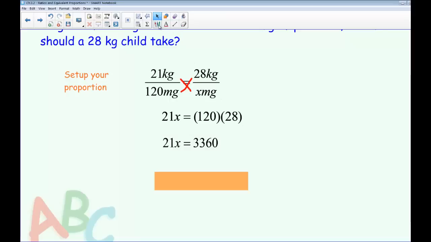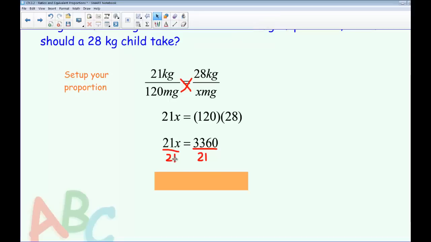Now, the next thing I do is divide by 21, because x is being multiplied by 21, so I want to divide, which is the opposite operation to multiplication. We'll talk a little bit more about opposite operations when we get to algebra.